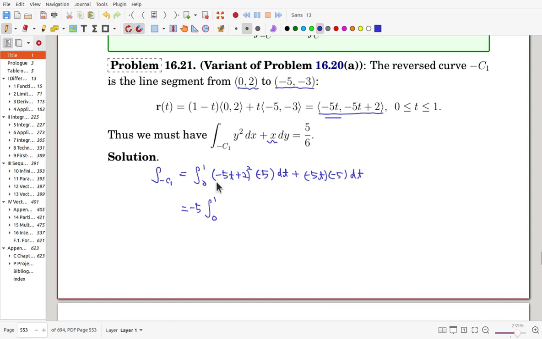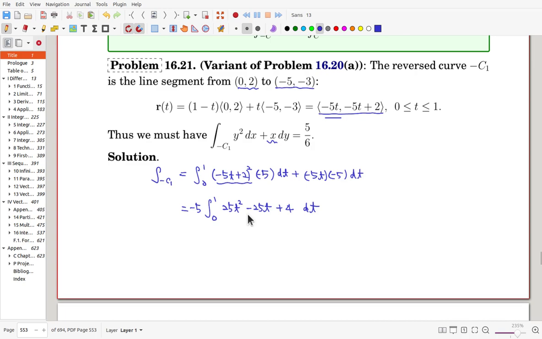Now this one makes here 25 t squared, and that is now 20 minus 20t and minus 5t, so minus 25t and plus 4 and dt.